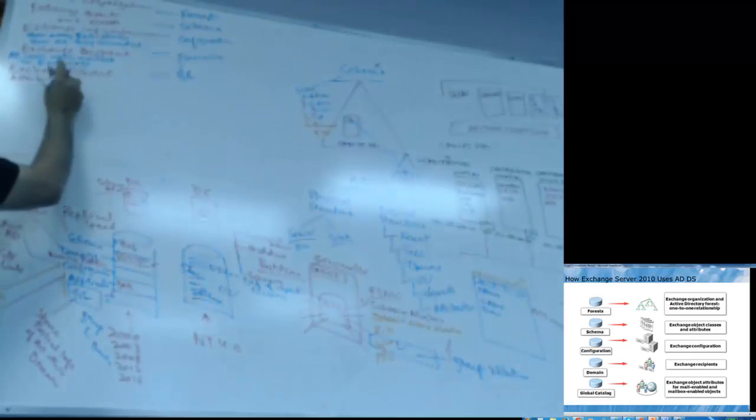So Exchange object attributes for mail-enabled clients are stored in the GC.